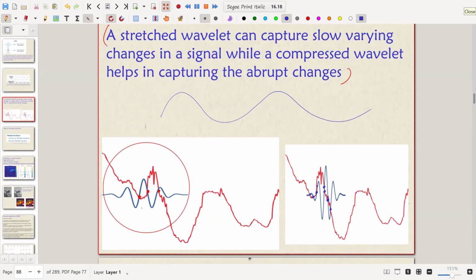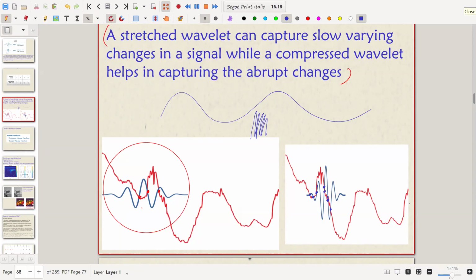If you have a high frequency signal, that means a compressed wavelet, with a lot of frequency like this, which you see over here. Then it is able to capture those highly varying changes. So this is an important example for understanding which wavelet can help you understand which kind of signal.